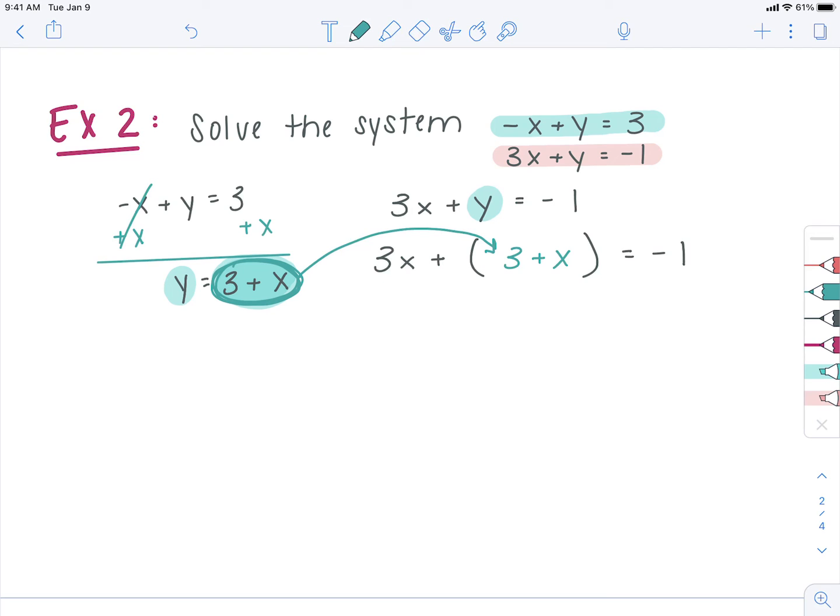Because I don't have a coefficient here, it's really like I have a 1 that I'm distributing, which means when I distribute, I end up with 3x, 1 times 3 gives me 3, 1 times x just gives me x, equals -1. I'm going to collect like terms, so 3x plus x gives me 4x plus 3 equals -1.